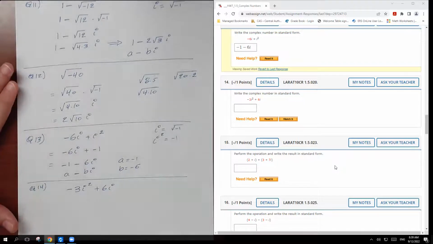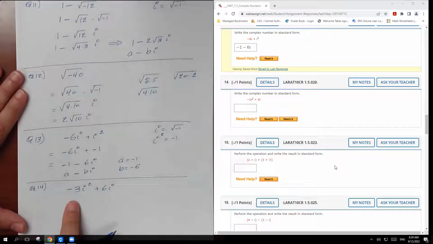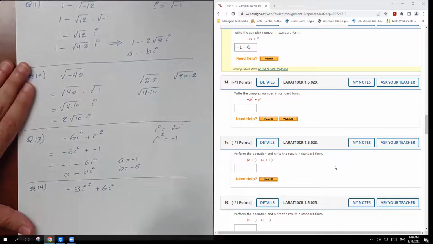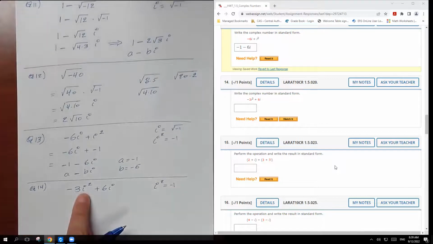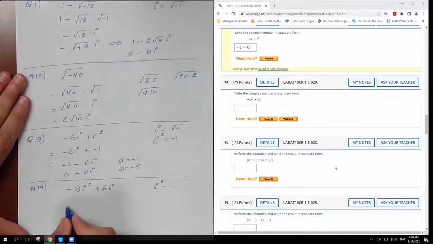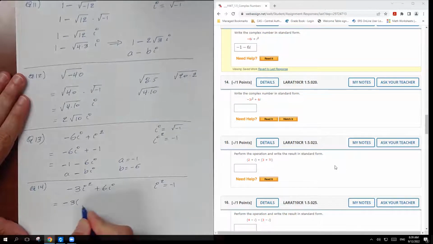How are we going to write down the question in standard form? I already know i squared equals -1. So I'm going to plug in -1 here. So this one is going to be -3, and i squared is -1, plus 6i.